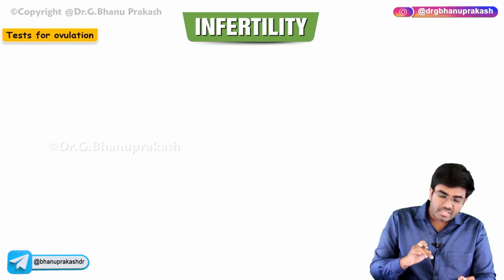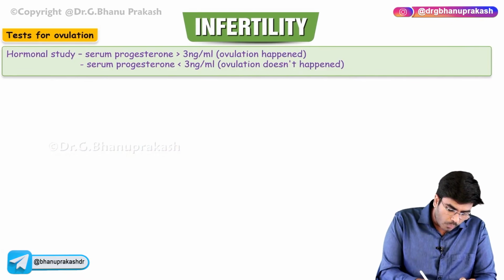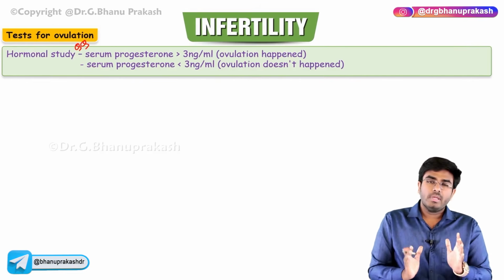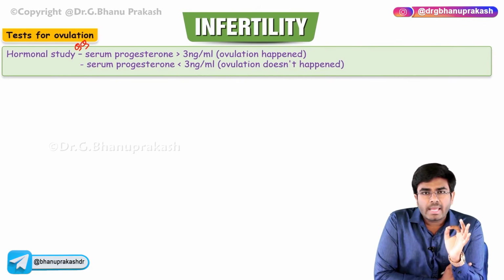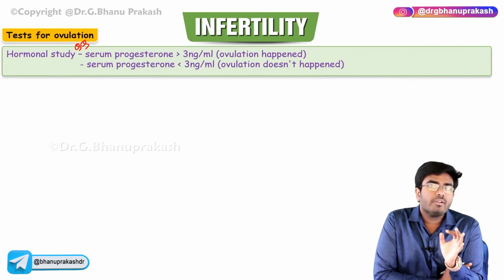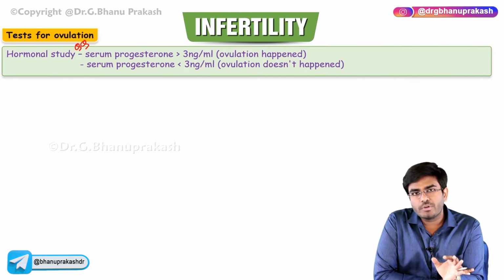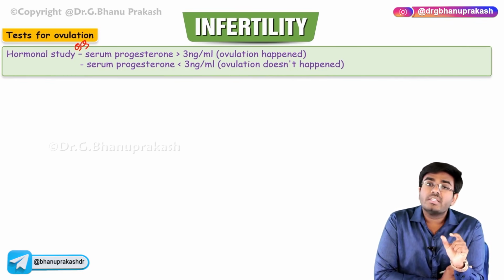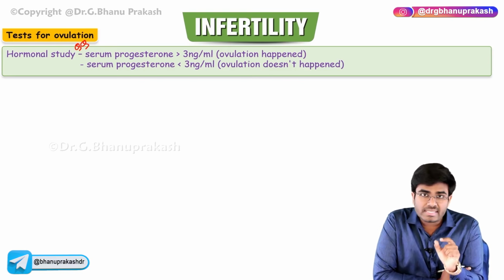And the last important test of the ovulation is hormonal study. So, what exactly is this hormonal study, guys? Very important. Guys, if ovulation happened on 14th day, there will be corpus luteum, and from the corpus luteum there is progesterone production. So, I am going to check the progesterone levels on day 22nd.